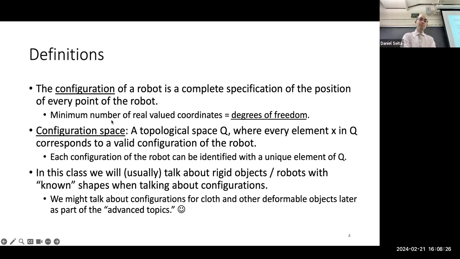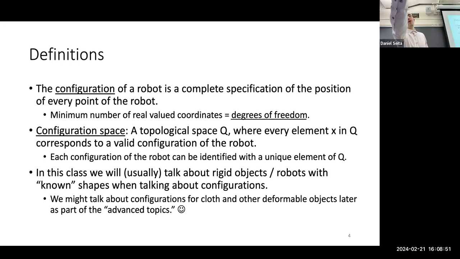Because what is the minimum number of real value coordinates that you need to represent a cloth? Think about that. Any idea? So you represent a cloth with 2 numbers.